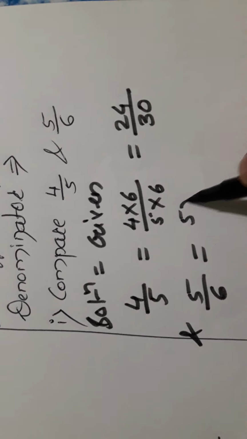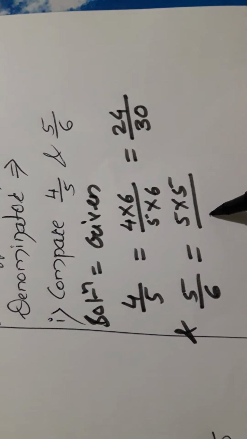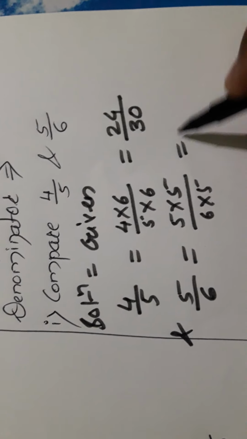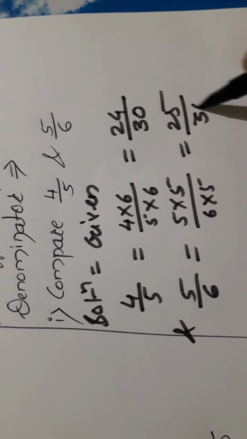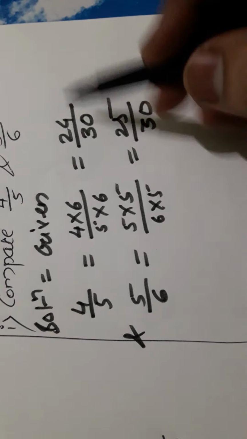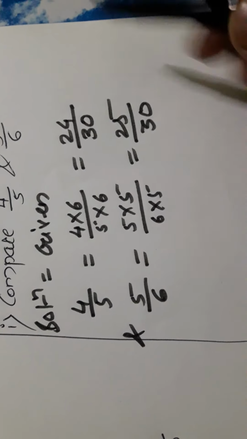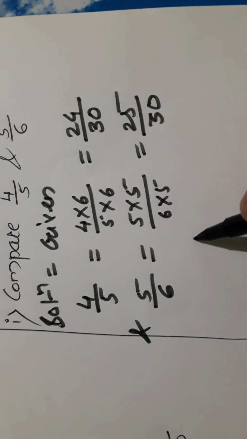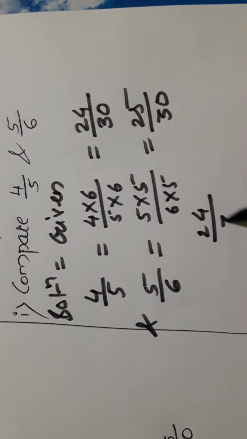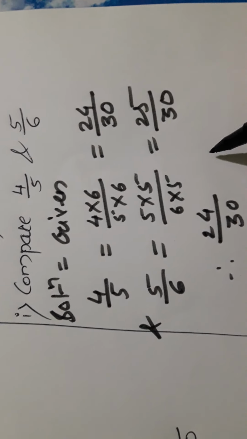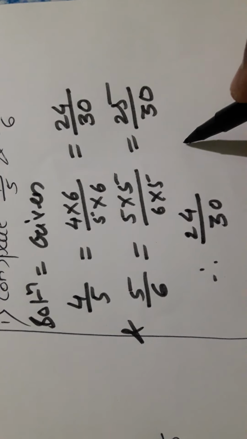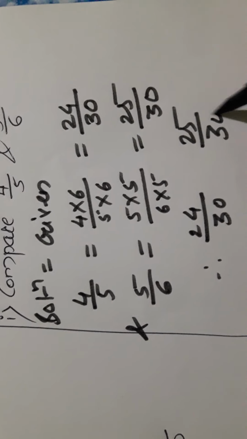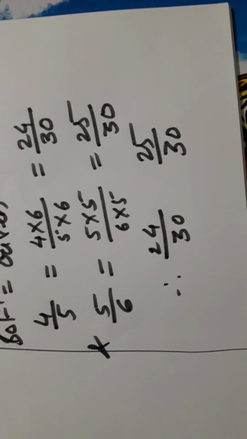Here, multiplying by 5, 5 into 5 is 25 and 6 into 5 is 30, so 25 upon 30. Same denominator means those are now like fractions, 24 upon 30 and 25 upon 30.